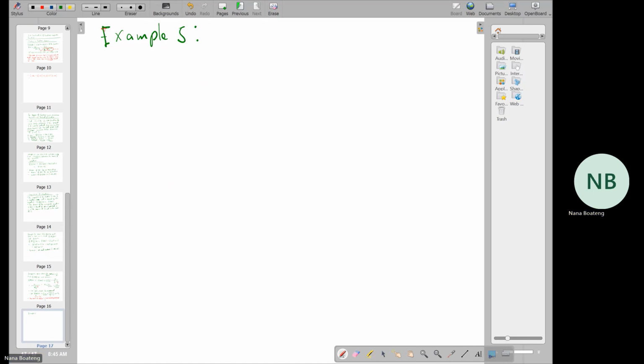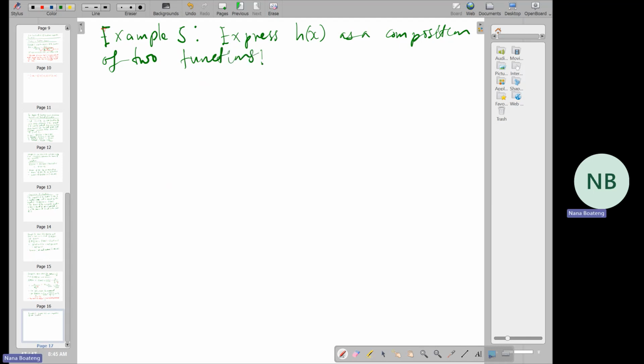It says express h of x as a composition of 2 functions, and h of x is equal to the square root of x squared plus 5.